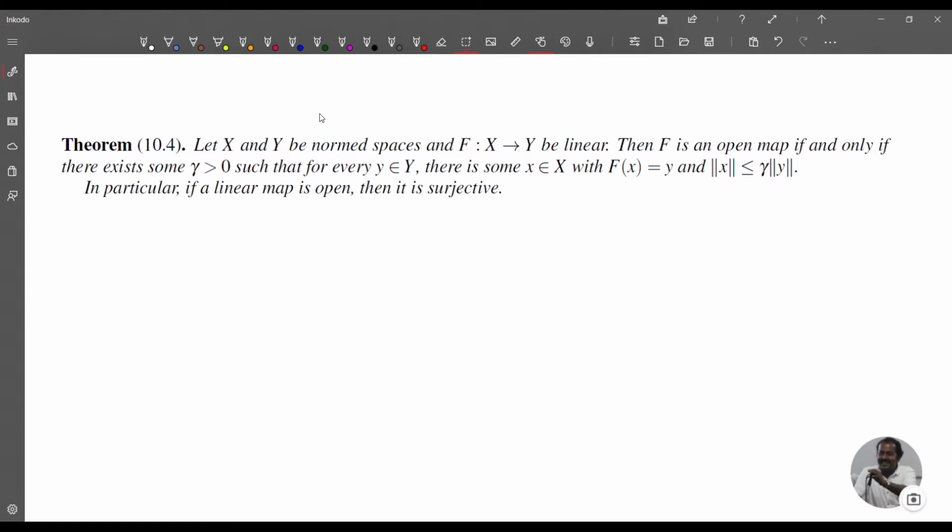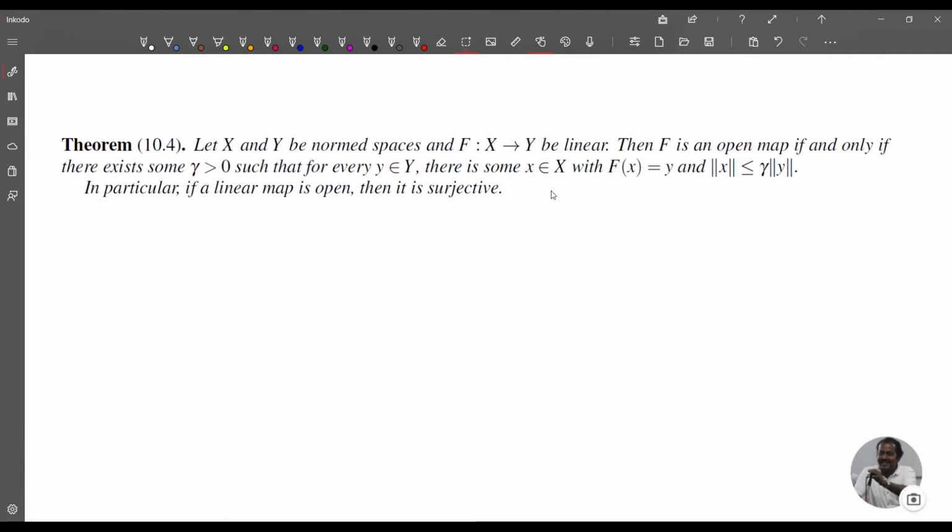Let X and Y be normed spaces and f from X to Y be linear. Then f is an open map if and only if there exists some gamma greater than 0 such that for every y in Y, there is some x in X with f of x equal to y and norm x less than or equal to gamma times norm y. In particular, if a linear map is open, then it is surjective.